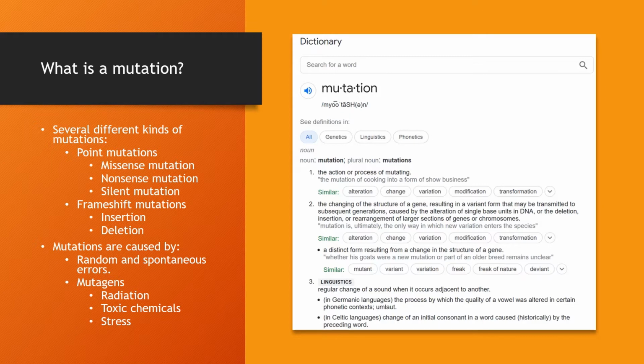A big question that's asked a lot is what causes mutations. Mutations can literally just happen. They can be random and spontaneous, just processes in your body don't always work perfectly, or really in any organism. But exposure to certain things called mutagens, which are just things that can cause mutations, can make mutations happen more frequently. If you are exposed to any kind of radiation or light of any kind, that has the potential to mutate your DNA.